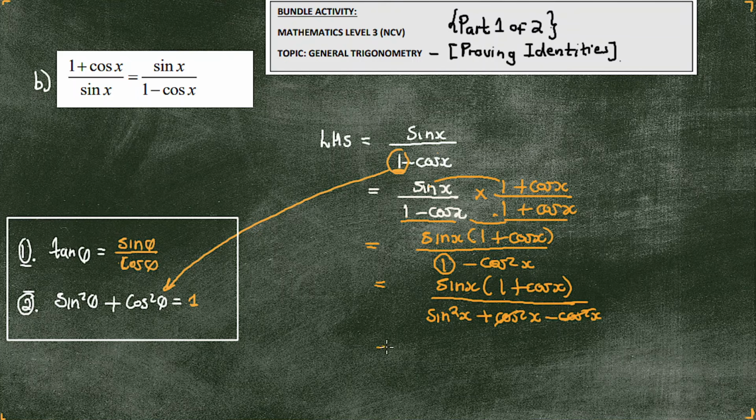This cancels out that. I'm now left with sine x, 1 plus cos x over sine squared x. Now, we are getting closer to getting the solution, right?